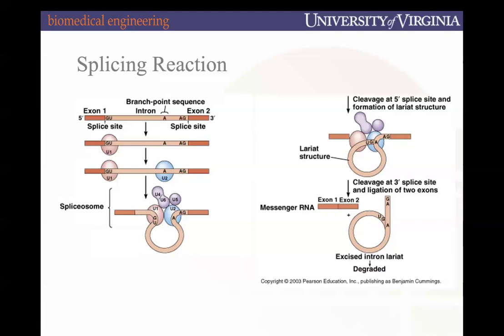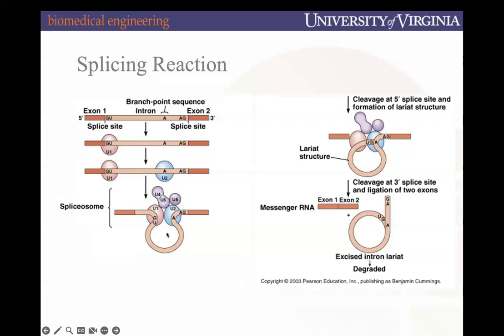Again, the important thing to note here is that we have the binding of SNRPs at the splice site at the branch point sequence that causes the spliceosome to then be recruited and formed, forming this structure where the GU binds to the branch point sequence.